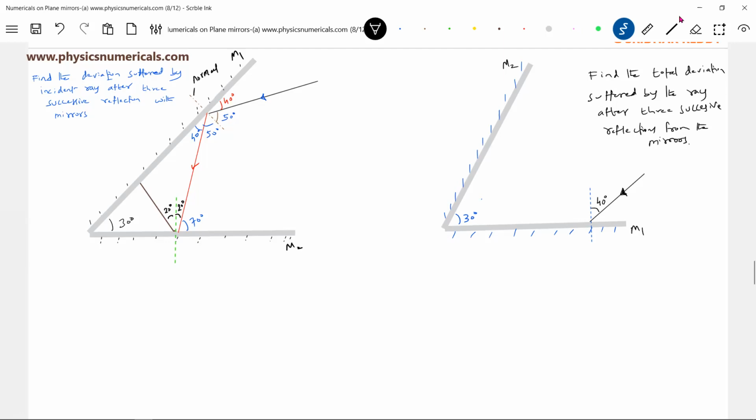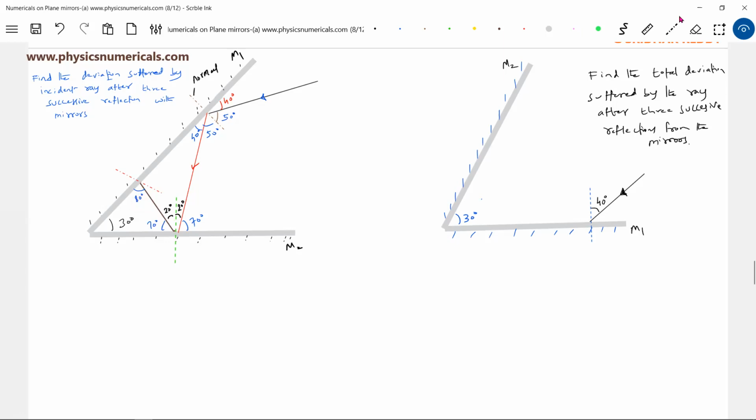Then again, we'll produce one more normal. So this angle must be 70 degrees. What can be this angle? Should be 80 degrees. Total sum of all these angles in the triangle should be 180, no? 30 plus 70 plus 80.